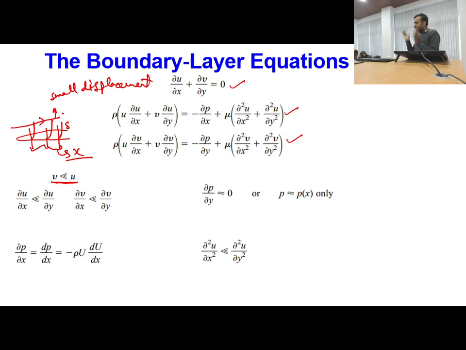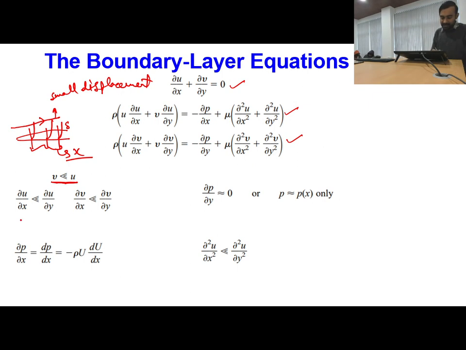Typically with y also the nature is parabolic only, but the gradient is actually variable. So because of this, you can make a few more approximations: all the gradients existing in the x direction will be very small in comparison to the gradients present in the y direction.